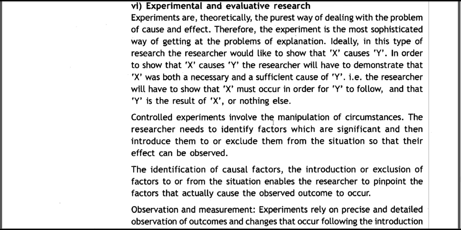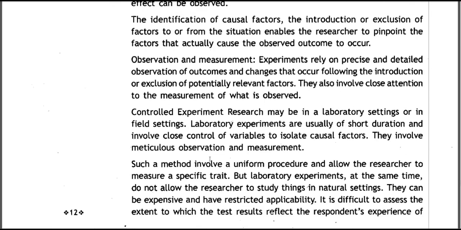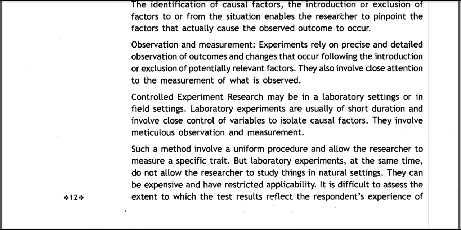Controlled experiments involve manipulation of circumstances. The researchers need to identify the factors which are significant and then introduce them or exclude them in the situation so that their effect can be observed. The identification of causal factors, that is, the introduction or exclusion of factors to or from the situation, enables researchers to pinpoint the factors that actually cause the observed outcome to occur.